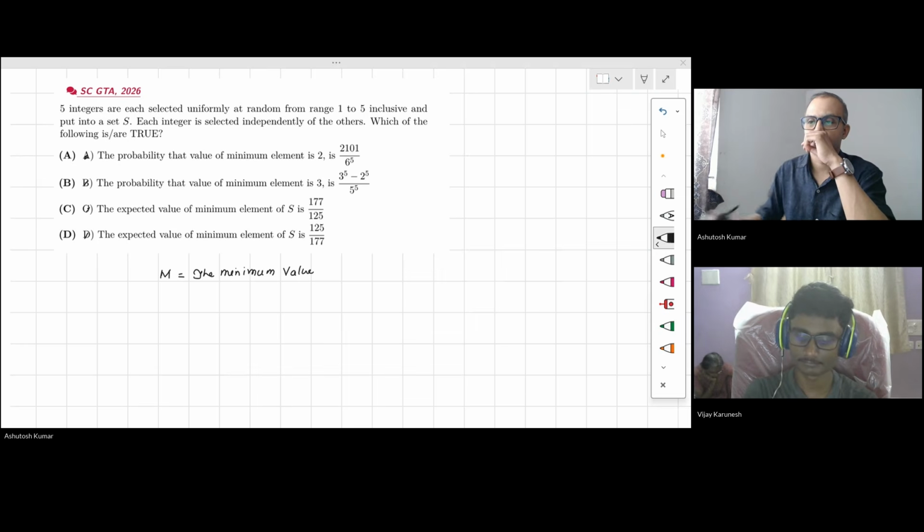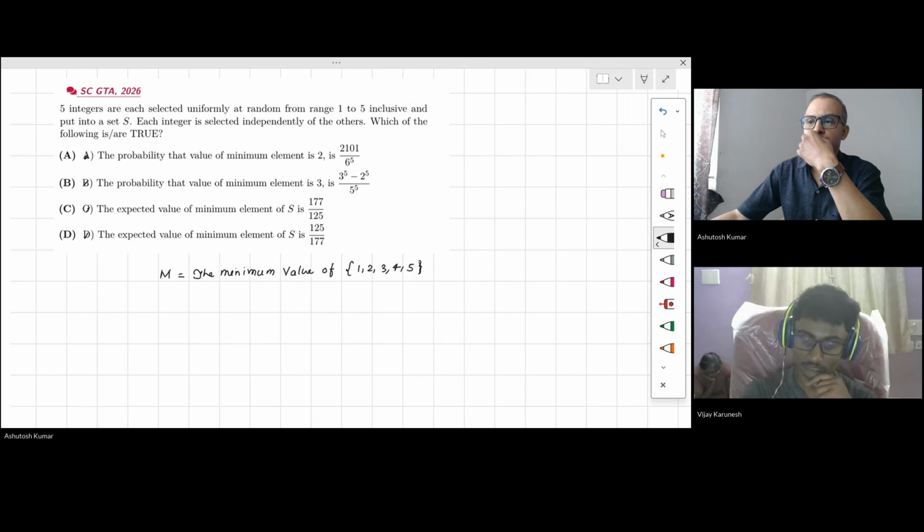The minimum of anything can have a minimum value of, what are the numbers I have? 1 to 5. 3, 4, 5. Correct? Yes, sir. 1 to 5. Minimum can be from there only. Yes.